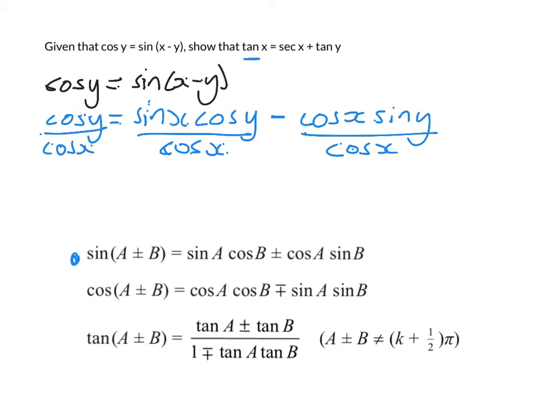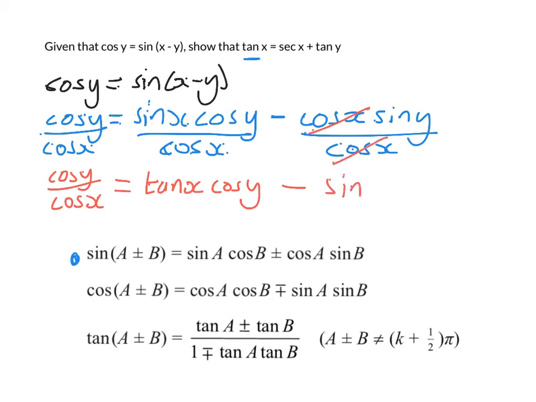Here, cos y, I can't really do anything with that as it stands, so I'll leave that be. Here, sine x over cos x gives me my tan x. So I've got tan x cos y minus, with cos x cancelling out to leave sine y. So we're certainly getting there. And if you make the right steps, keep the faith, you will get there.